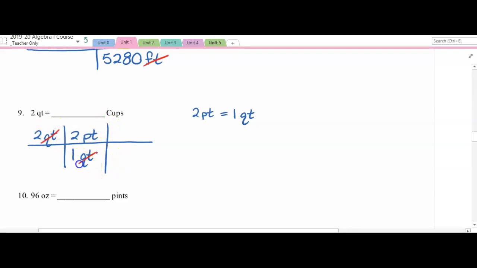That gets rid of quarts, but it doesn't get me to cups. But I also know that there are 2 cups in 1 pint. So I'll put 1 pint on the bottom, 2 cups on the top, and now I got to cups. That was my goal. 2 times 2 times 2 makes 8.